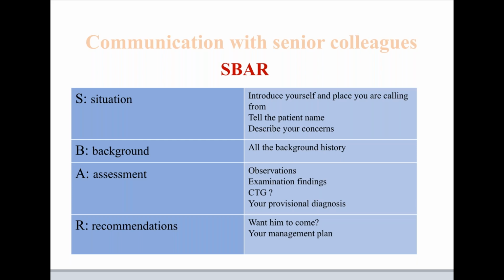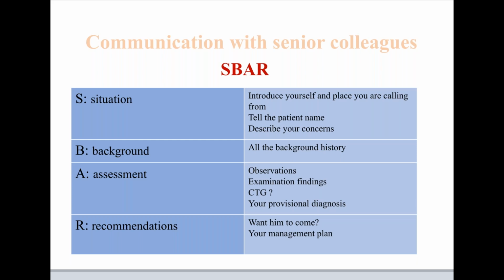The first thing in the situation is to introduce yourself and say where you are calling from. So: hello, I'm Nisreen, I'm the registrar on call, I'm calling from the labor ward. And we have to say who the patient is. I'm calling to ask your opinion, or to ask you to come, for a patient called Sarah June, who is laboring in room 3, for example.